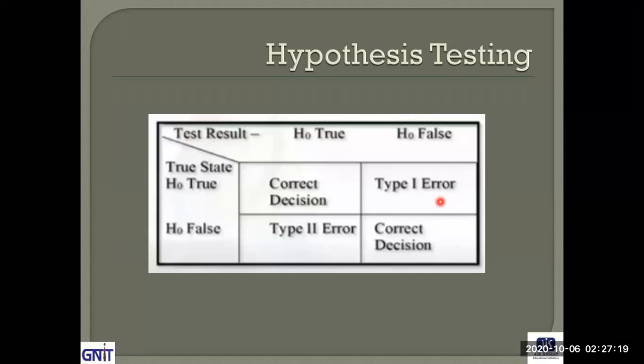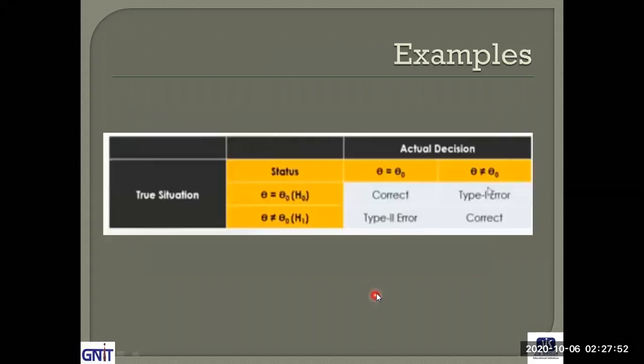So from 23 to 25 years of age, students are keen on their job. So that is type 2 error. When H0 is false, and the column also H0 false, then this is a correct decision. But H0 false or H0 true, this will render type 2 error.